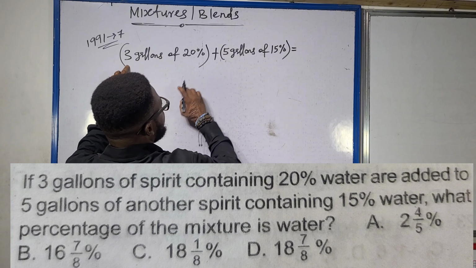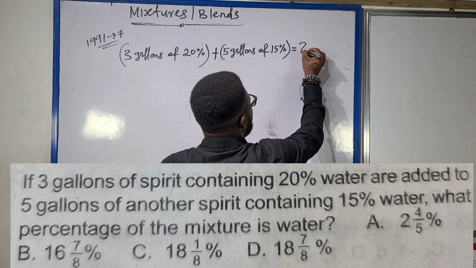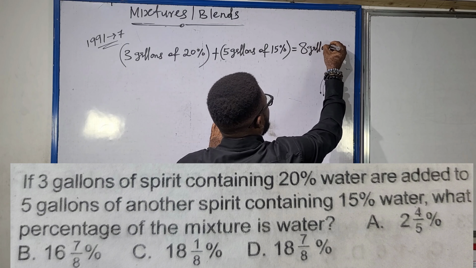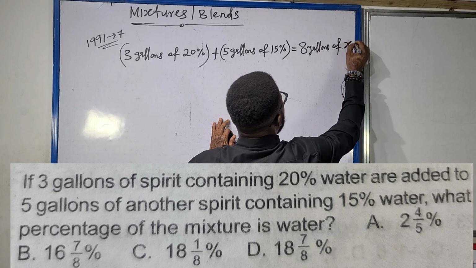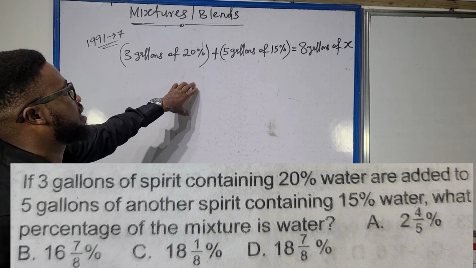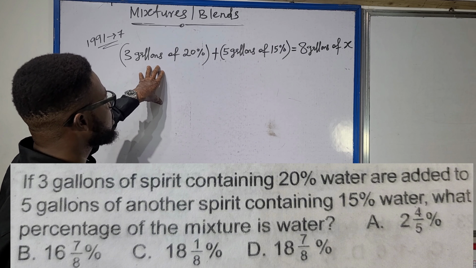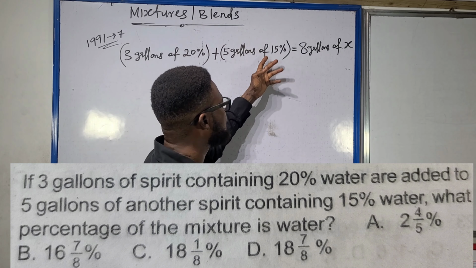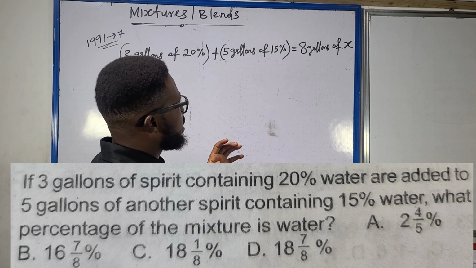Of course, 3 gallons and 5 gallons will give us 8 gallons of, let x be the percentage. Look at it very well. 3 gallons of spirit containing 20% of water plus 5 gallons of spirit containing 15% water were mixed together.